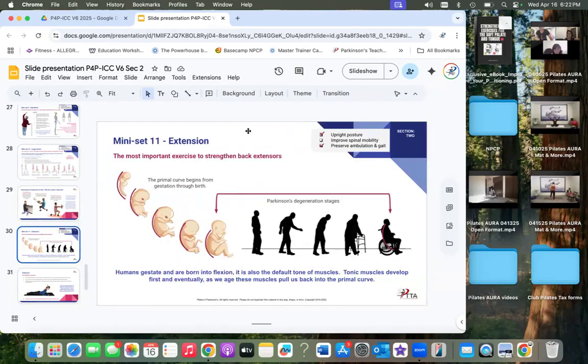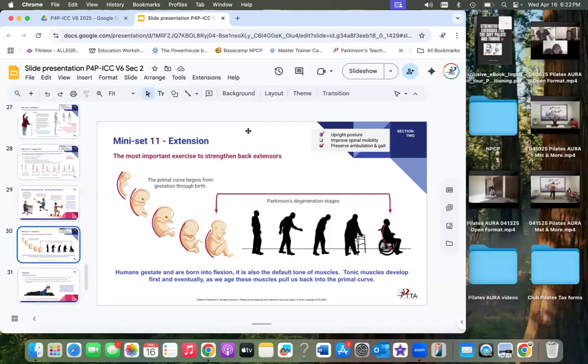We're looking at the mini set of extension now. So extension is the most important exercise, or I should say stretch, to strengthen the back extensors. And the thing about Parkinson's is that the natural progression of Parkinson's is that it is very much so a forward flexion condition. So your neurological system is degenerated, right?